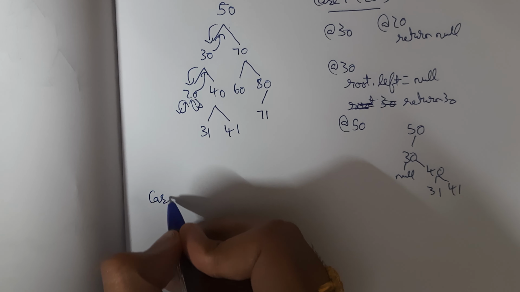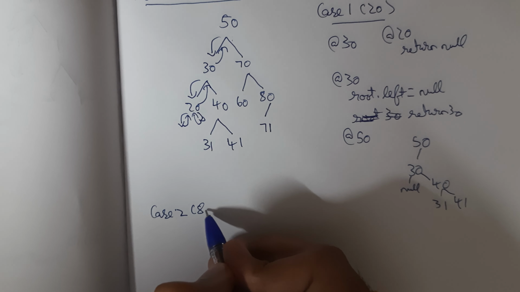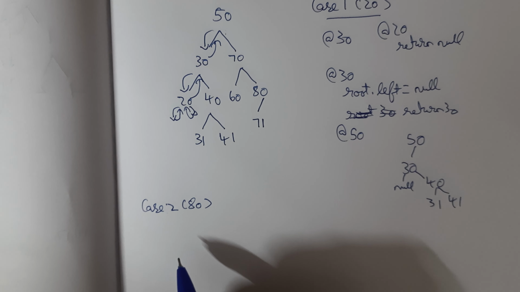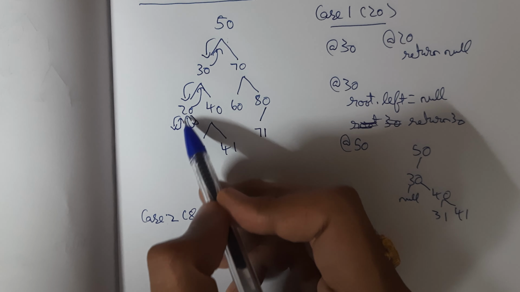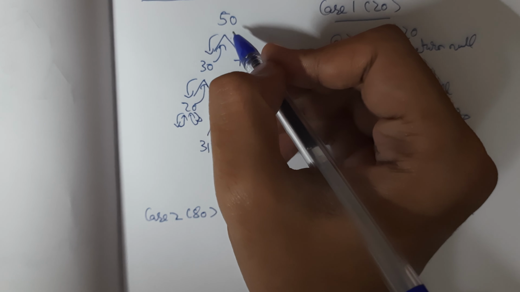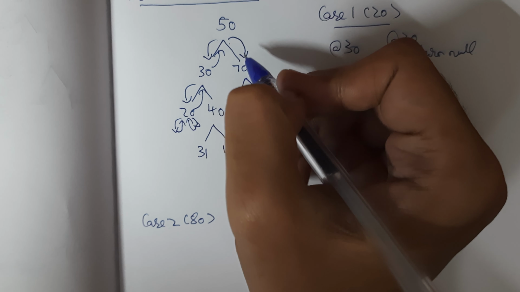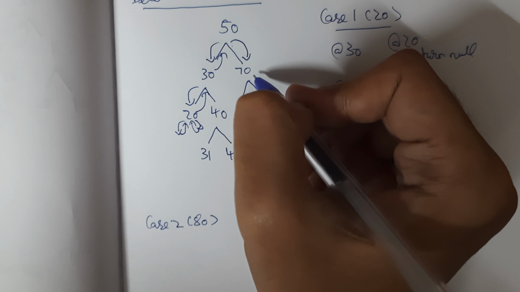We'll now go to the second case, where the node has at least one child, that is we are trying to remove 80. So we'll now see what's going to happen. We'll take this tree as the same example and we now know that 80 is greater than 50. So we go to 70 and 80 is greater than 70. So we know that key is greater than root dot key.